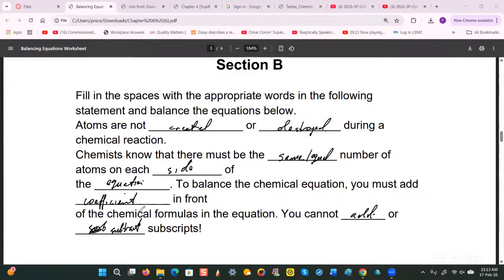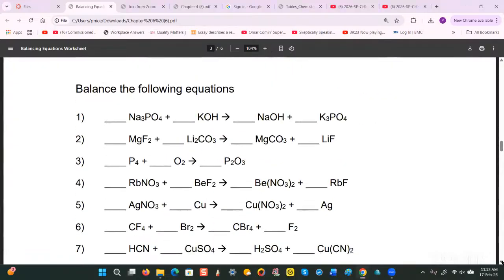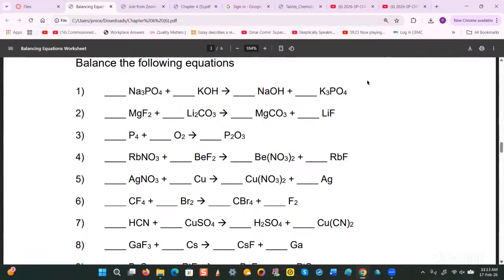So let me do this. Go down. Okay, so now we get into the heart of this exercise, balancing chemical equations.